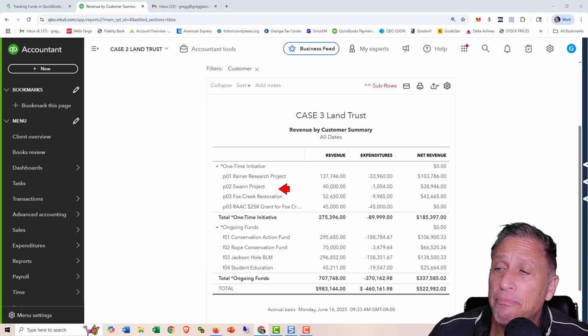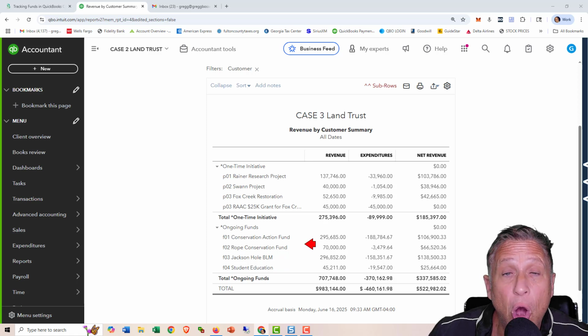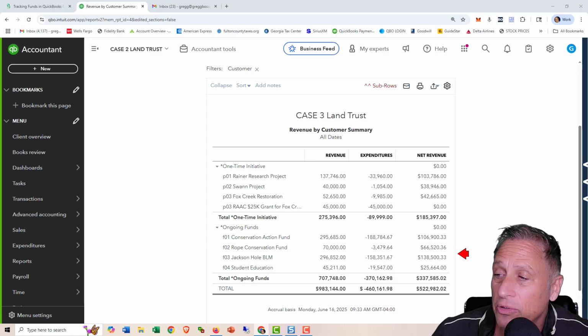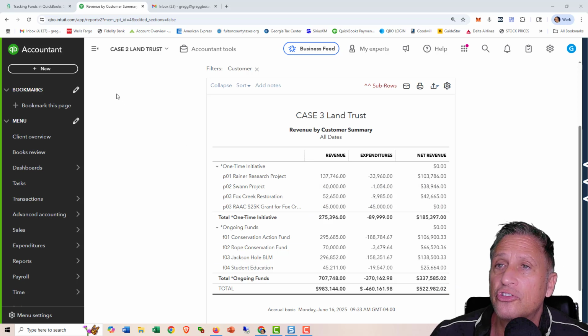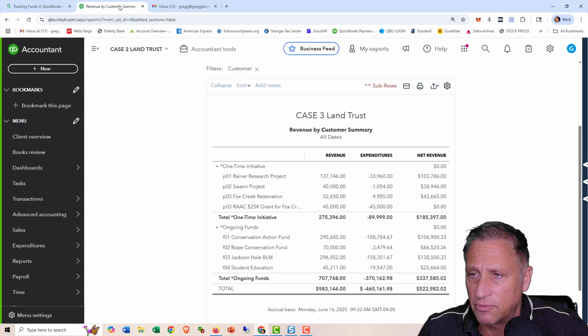And now I've broken this up by one-time initiatives versus ongoing funds. And so I think that's really kind of cool. Total amount of money that we have in that we haven't spent yet through today is $522,982.02.